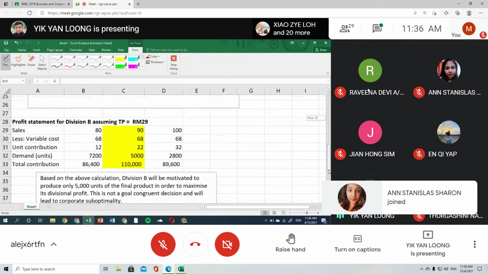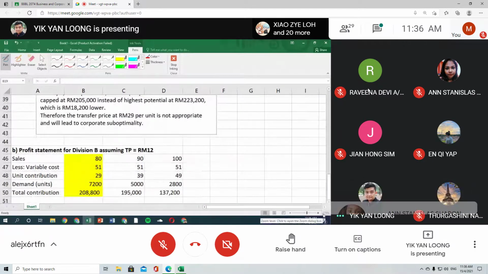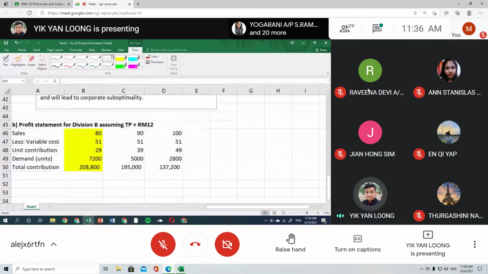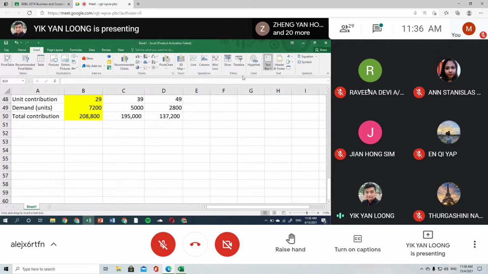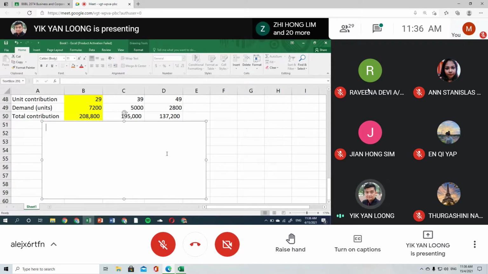Okay, so how do we explain that? To explain this, we use the same approach as just now, so I insert a text box. We start with division B first.